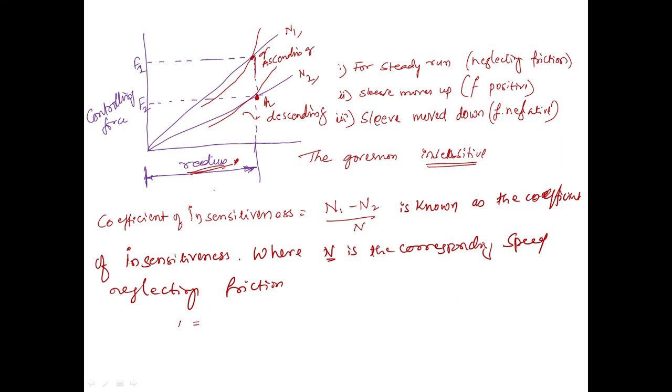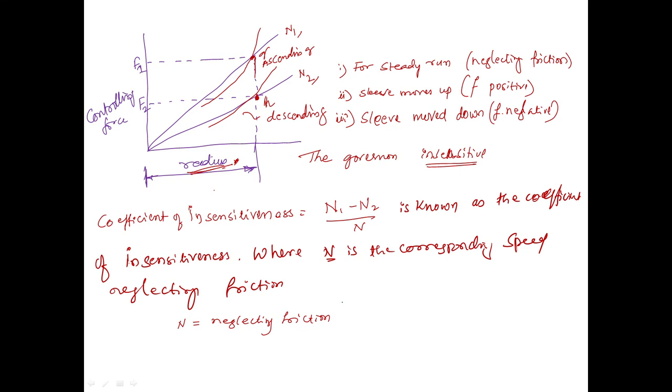As you are going to take a variation of the speeds between the range of n1 minus n2, you can consider this factor as a mean.